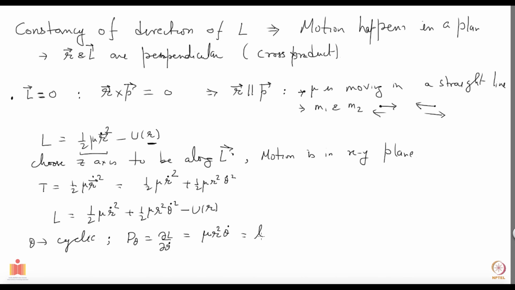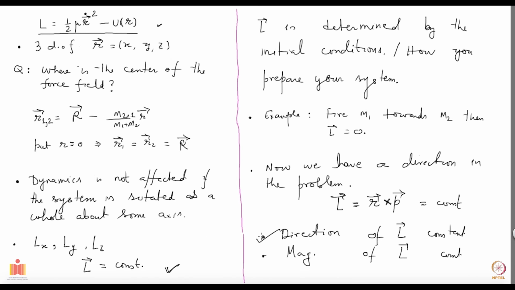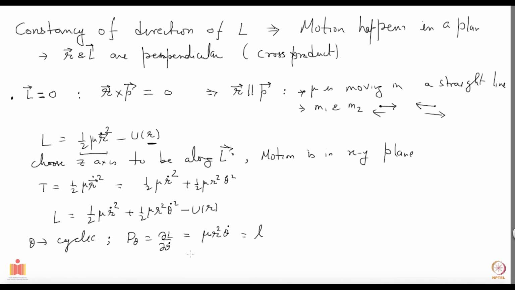You can clearly see that this is just the angular momentum of your system, the magnitude of capital L. So you have got a first integral here which involves only one derivative. This is what you expected. You would have gotten a conserved quantity anyway, and this small l is determined by the initial conditions as we discussed some time back.